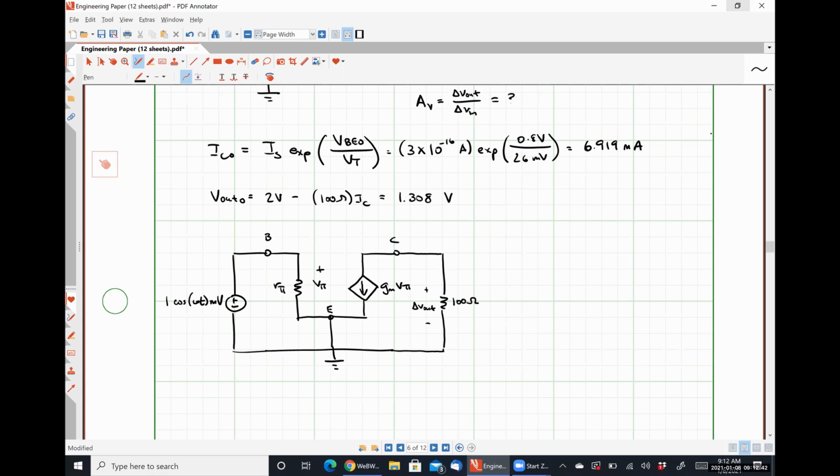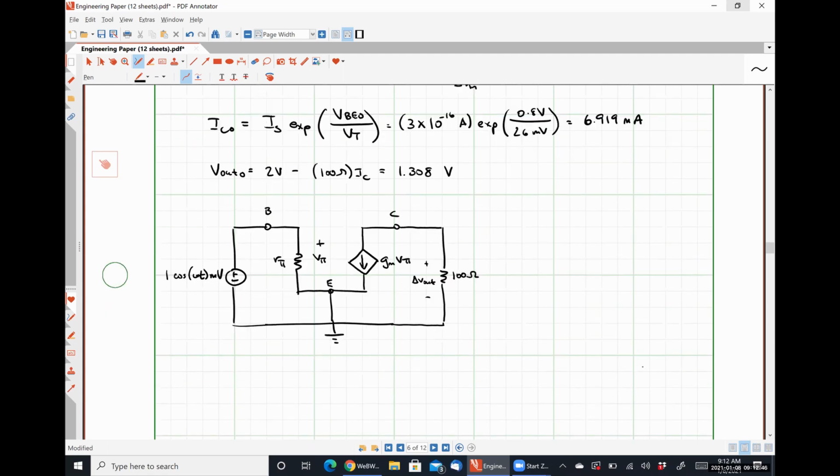Okay. So it should be fairly straightforward that delta V out is going to be equal to negative GM V pi times the resistor value itself, 100 ohms.